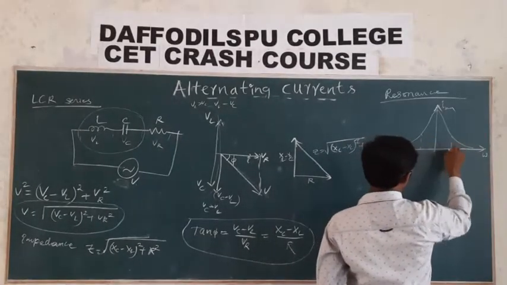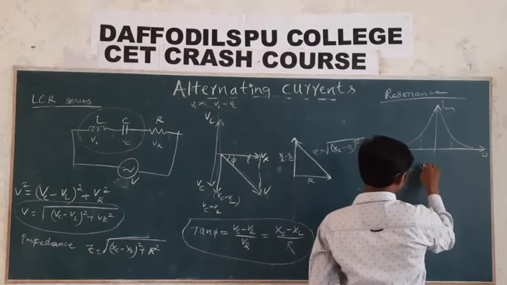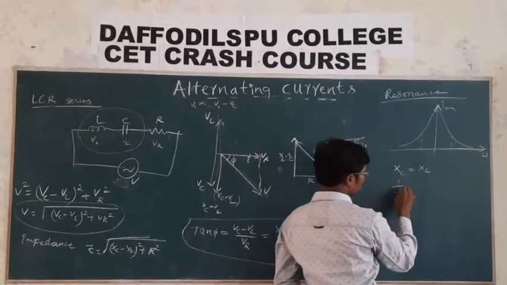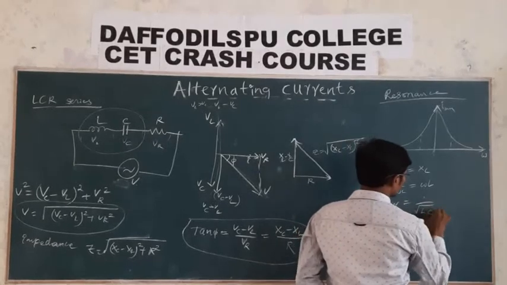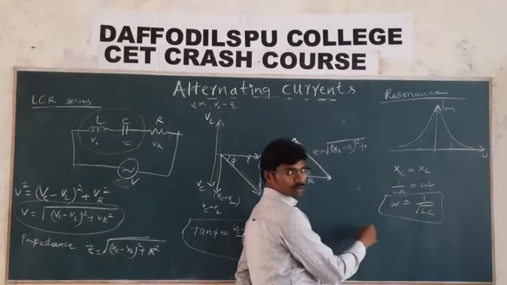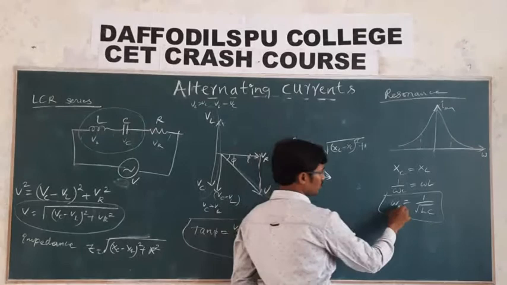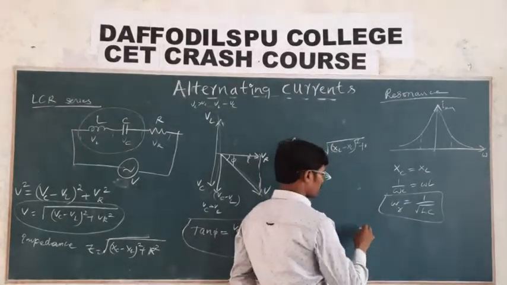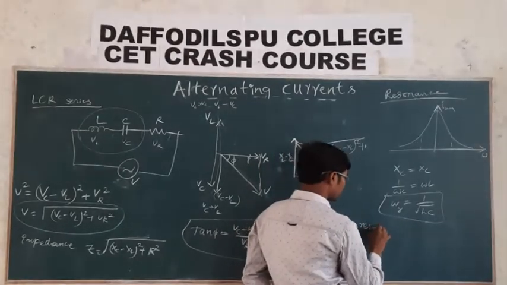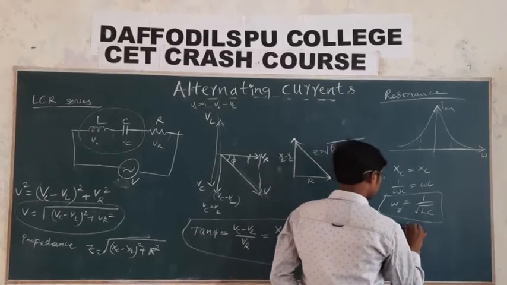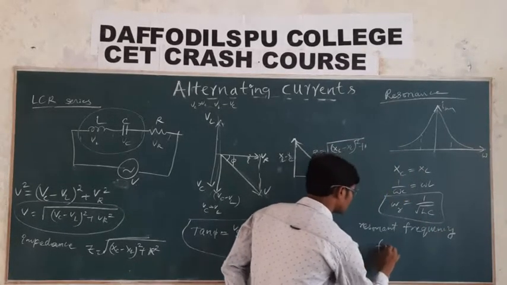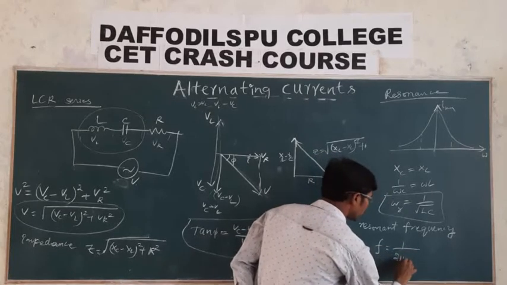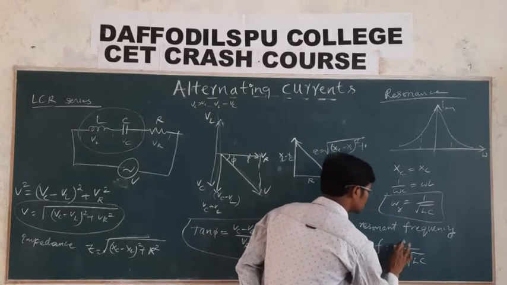At this point XC is equal to XL, so 1 by omega C is equal to omega L, and omega is equal to 1 by root LC. This is the resonant angular frequency omega naught, whereas the resonant frequency f is equal to 1 by 2 pi root LC.